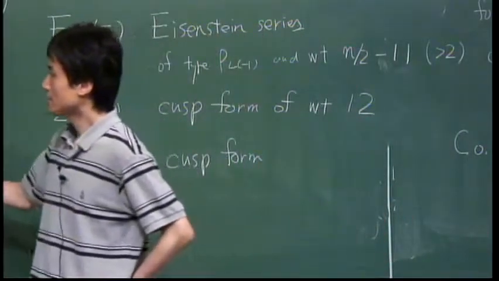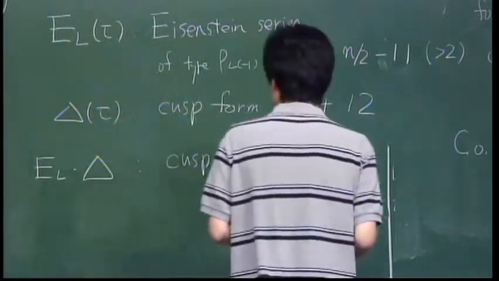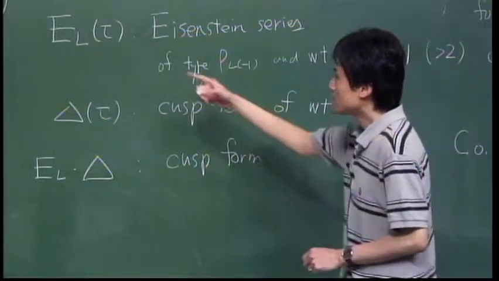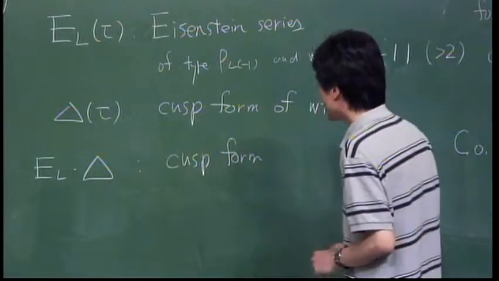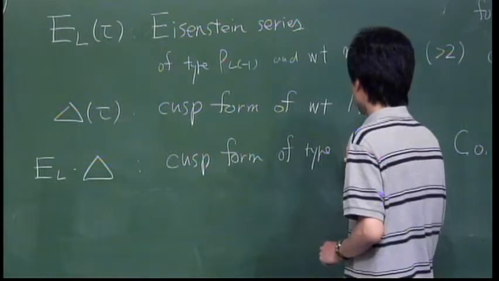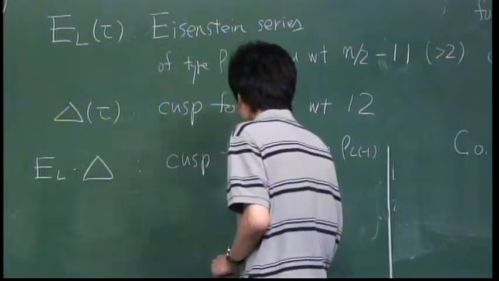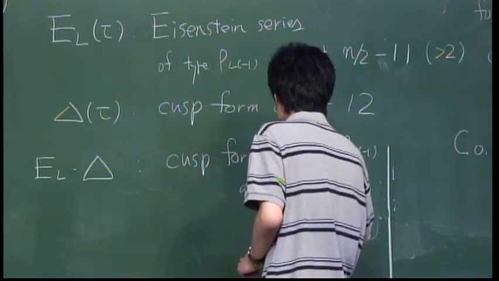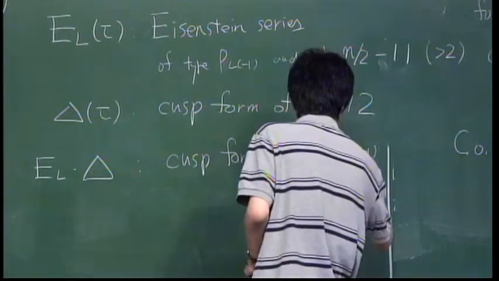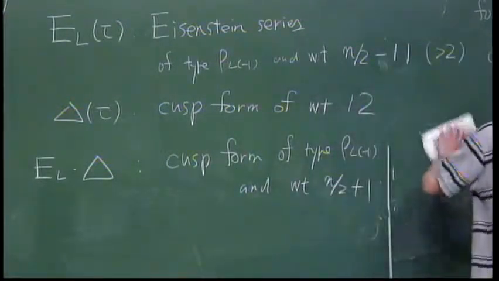So yes, these coefficients may vary. So consider these modular forms and take their product. So this is a cusp form of obstruction type and obstruction weight.